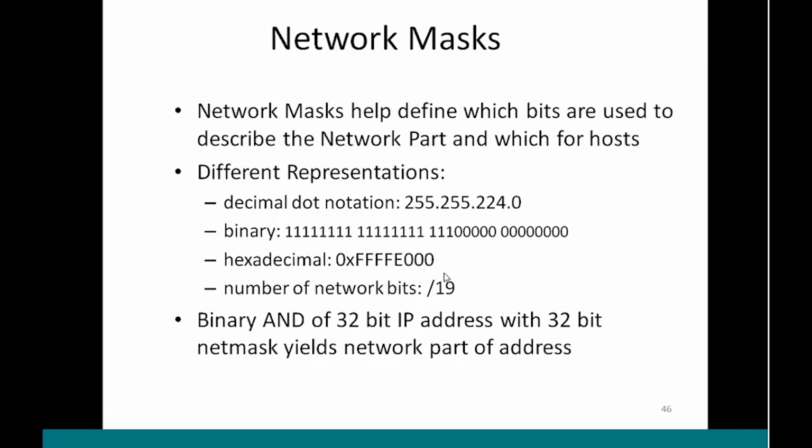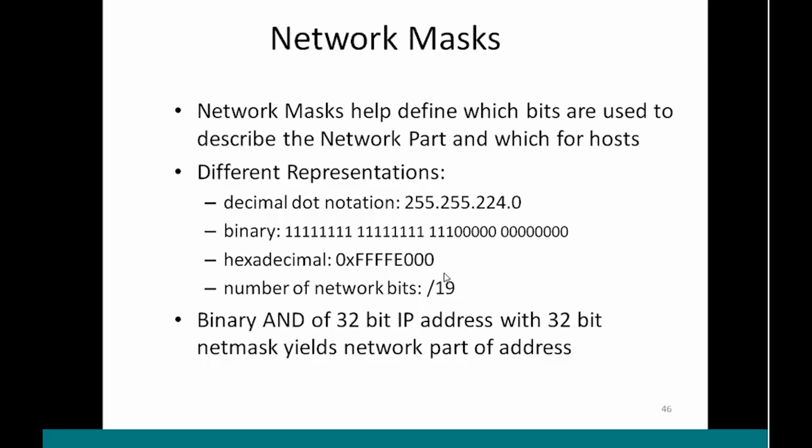Typically, once you become a part of the network, the network will assign a mask to your machine based on how many computers are in the network. And then the way that we generate the network address is a simple binary AND of the 32-bit IP address with the 32-bit net mask, and then we get the network part of the address.